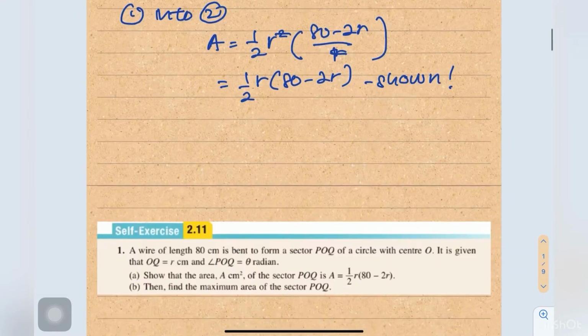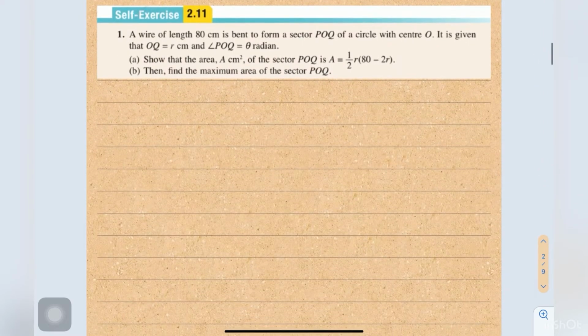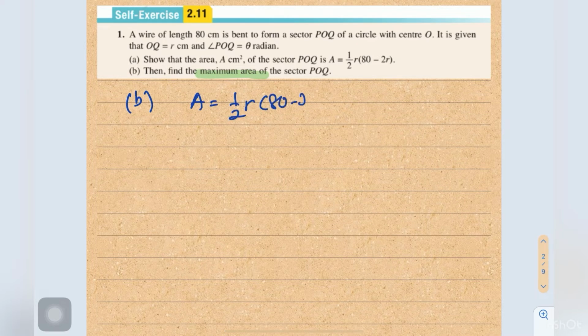For the next question, the same question but 1B: find the maximum area of the sector. The clue is maximum area. We have learned previously that when we want to find the maximum or minimum, you have to differentiate and make it equal to 0. So here we have A equals 1 over 2 R, 80 minus 2R.